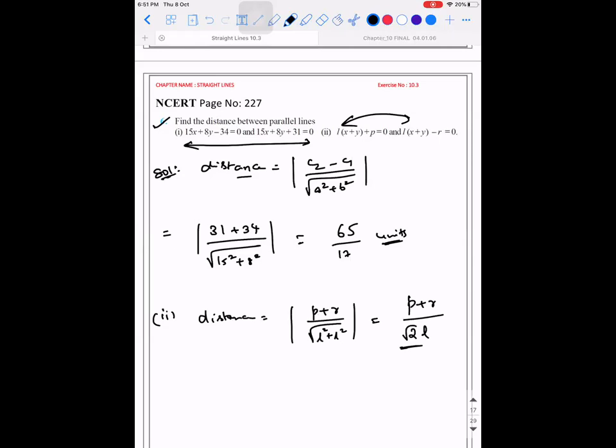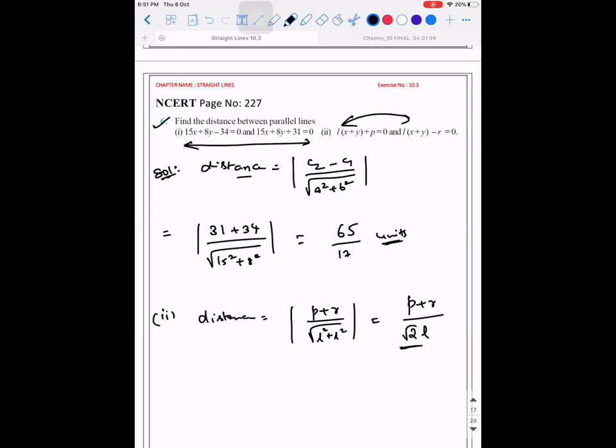Sir, shouldn't it be minus R? No, it is P minus of minus R, C2 minus C1. You can take C minus R minus P or P minus of minus R, they both are same.